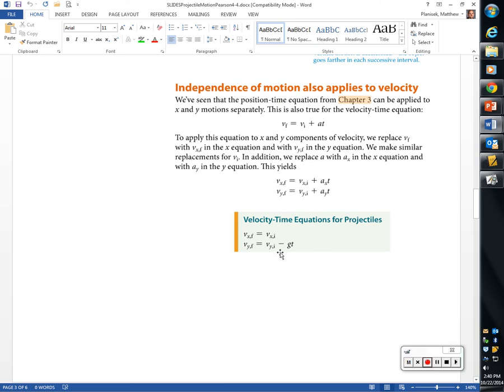Here they take the liberty of making it minus, assuming we'll call down the negative direction. I would rather you have this as a plus sign, and then we'll make it minus depending on the coordinate system for our problem. All right, good there? Okay.